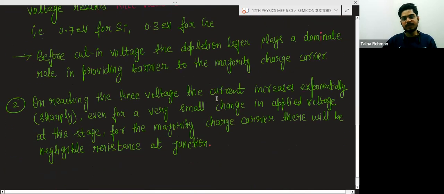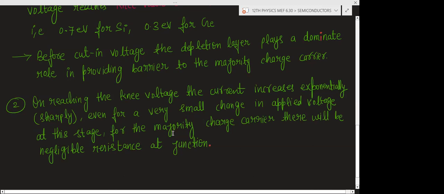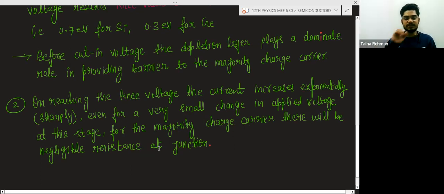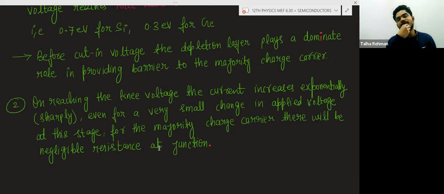On reaching the knee voltage, the current increases exponentially, even for a very small change in applied voltage. At this stage, for the majority charge carrier, there will be negligible resistance at the junction.